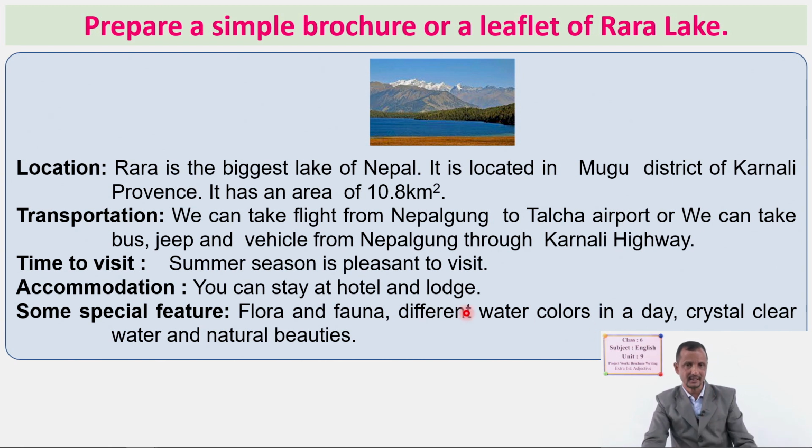That is one feature. Crystal clear water of Rara Lake, and natural beauties, so forest, animals, birds, everything over there, Rara Lake, right? So these are some special features you can add over there. It is given in your textbook.